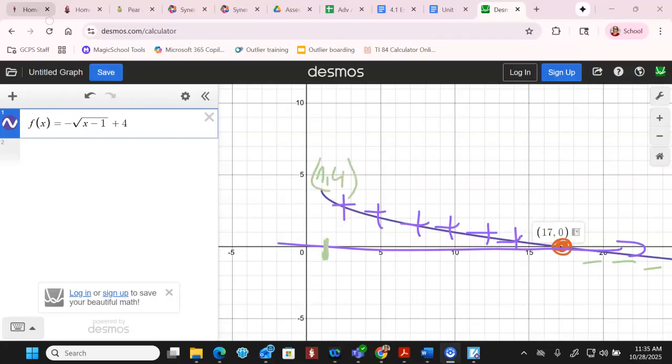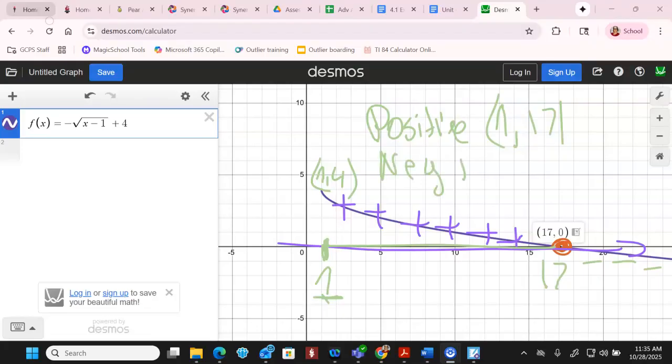So from 1 all the way to 17, all the numbers are positive. So 1 to 17, they're positive. After they hit 17, all the way to forever, they are negative. So negatives are going to be 17 to infinity because you're reading it left to right.